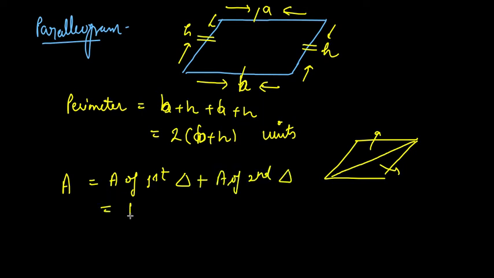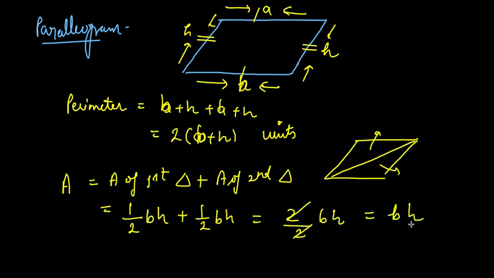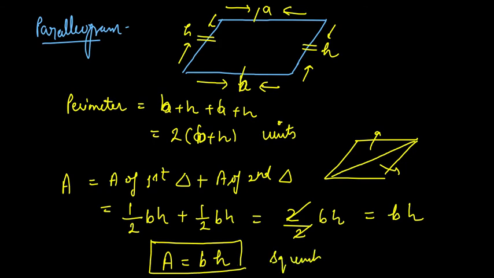In the last slide we saw the area is half base into height, plus half base into height. 2 upon 2 base into height, this is cancelled, and I am left with base into height. So from the triangle area I can calculate that the area of the parallelogram is base into height. This is the area of the parallelogram and the unit again will be square units.